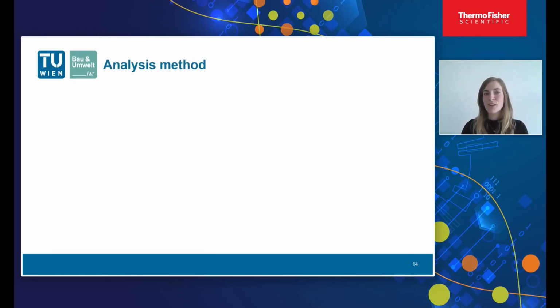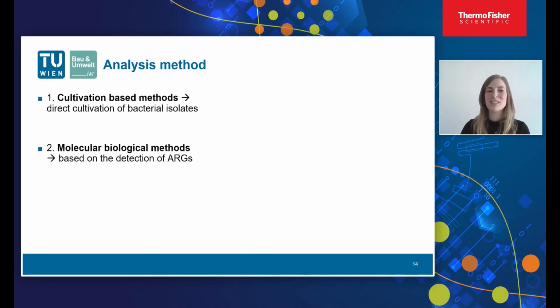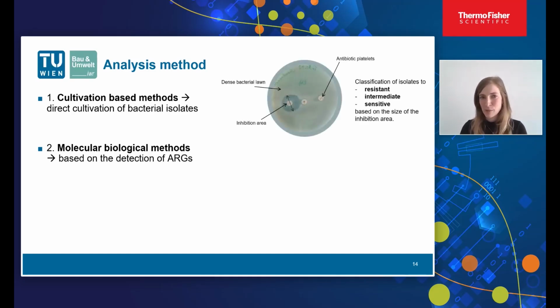Okay, so what are the analysis methods that we are currently using in the lab, or that are usually used for AMR detection? That would be either the cultivation-based methods or the molecular biological methods. The cultivation-based methods is just a direct cultivation of bacteria isolates. For instance, on this picture you can see a plate with a dense bacterial lawn, and then we have the antibiotic platelets that are put on top.